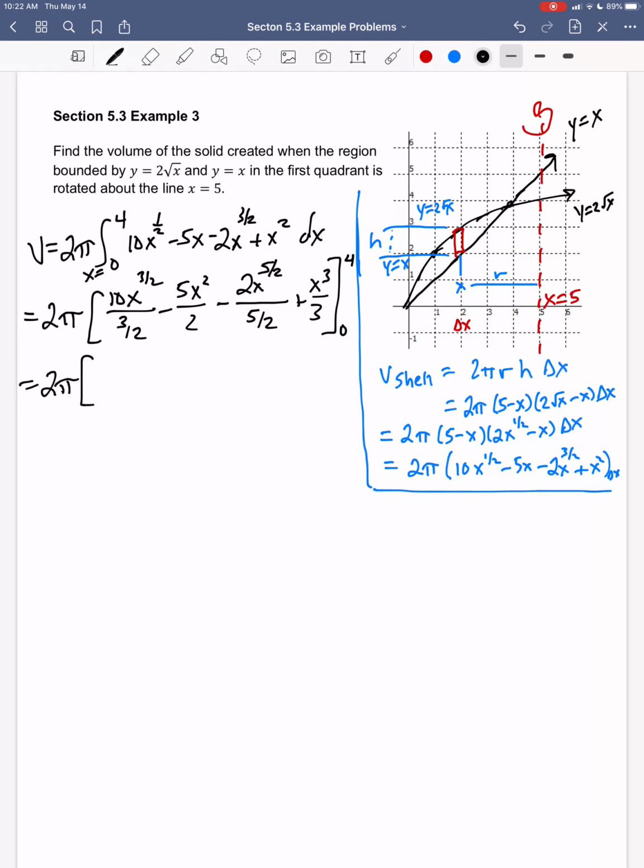So dividing by 3/2 is multiplying by 2/3. So 20x to the 3/2 over 3 minus 5x squared over 2. Dividing by 5/2 is multiplying by 2/5. So 2 times 2, 4, x to the 5/2 over 5.